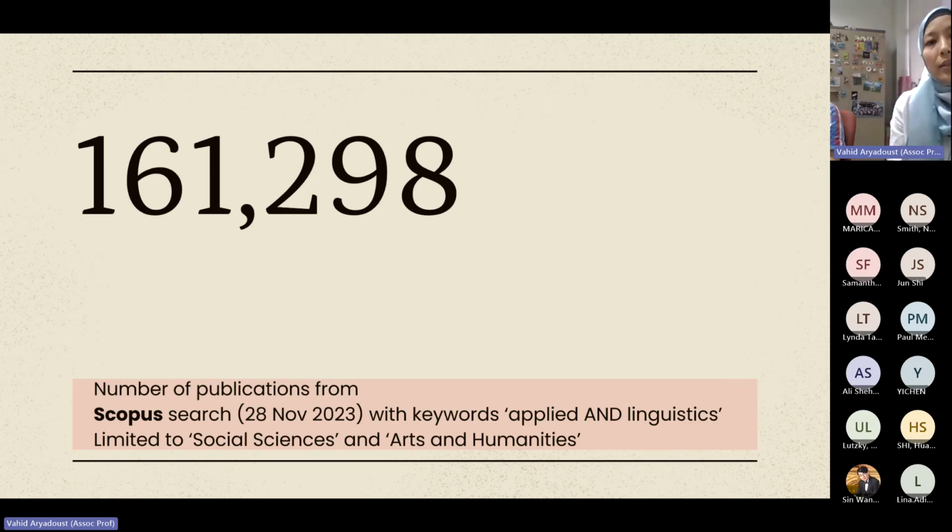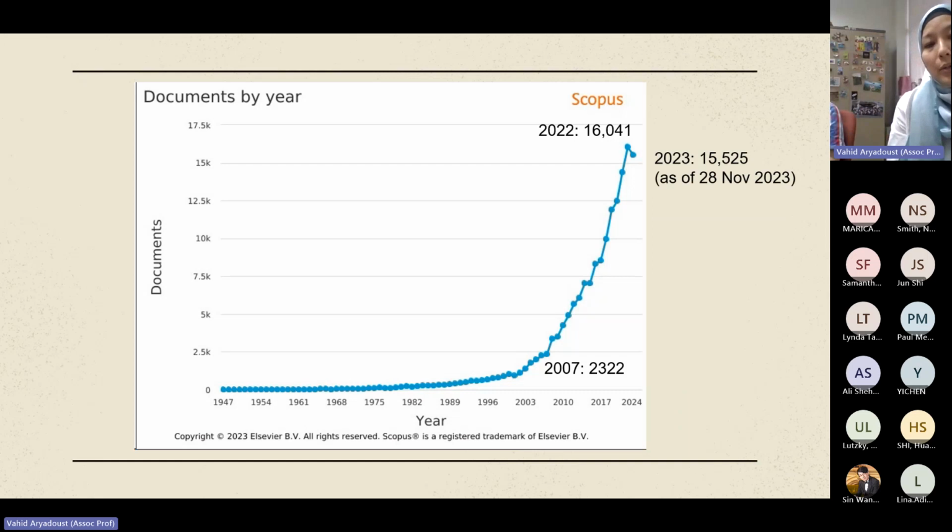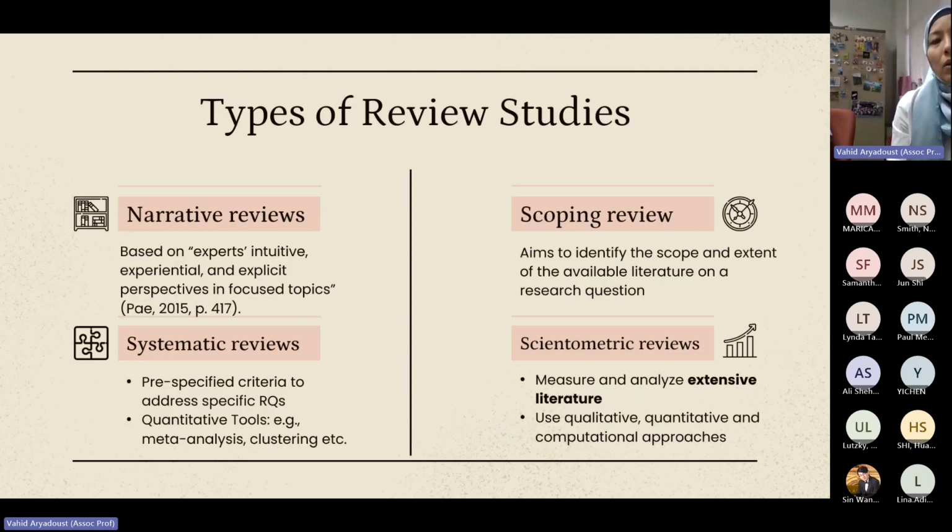As we can see here, in the distribution of the publications in this graph, it has really shot up from 2007 and it's ever increasing. So we really need to find ways to make sense of this amount of research, which is probably why the number of review studies overall have gone up along with the number of publications overall.